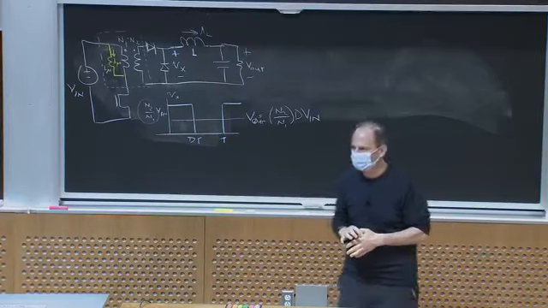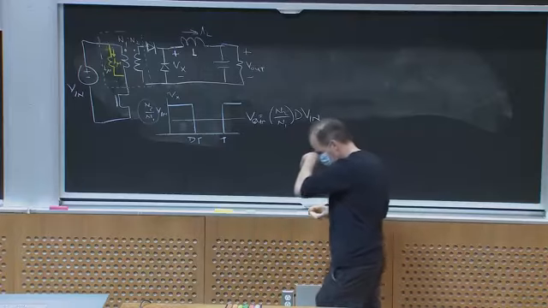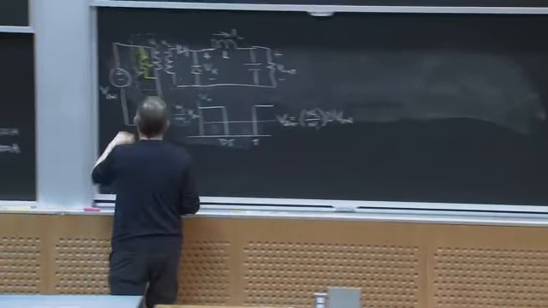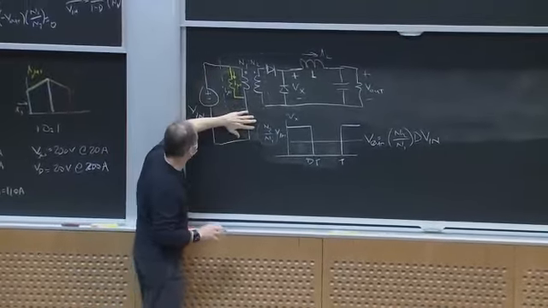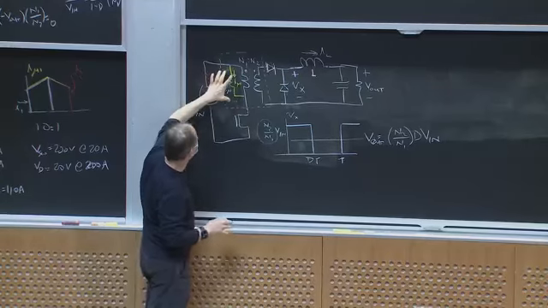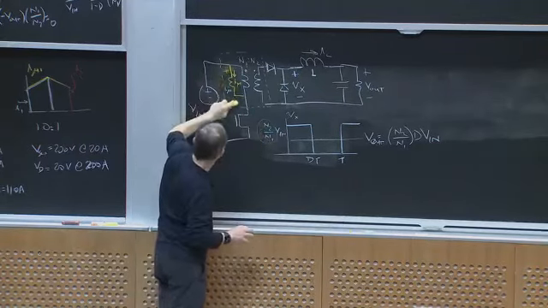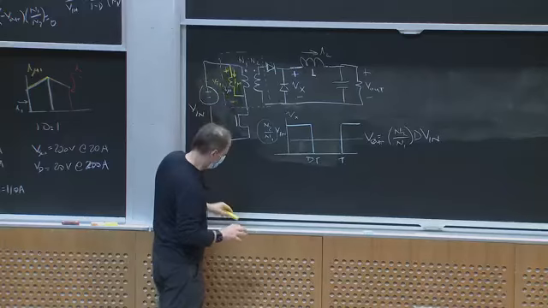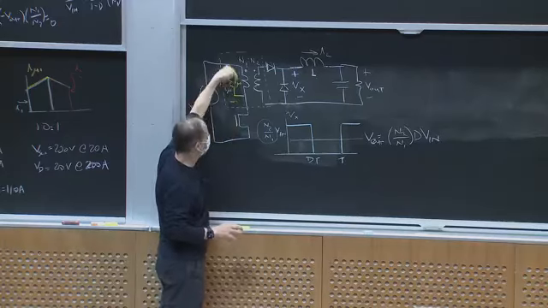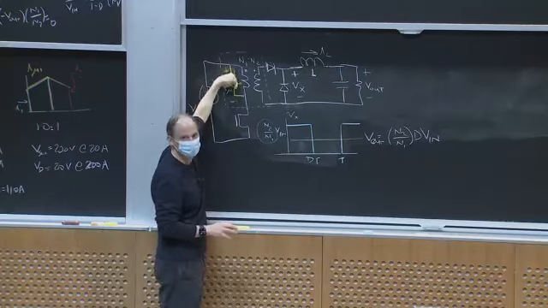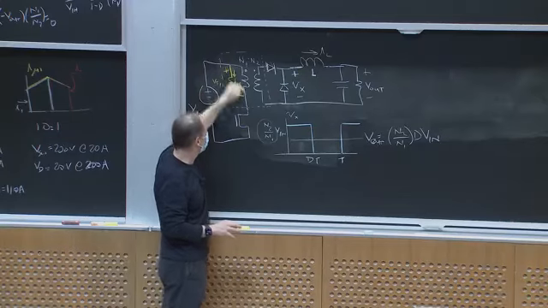And here's the catch. Suppose I turn on this switch. In the first part of the cycle, I'm applying a positive voltage VT1 here, which is appearing here, VT1. That means the current in the magnetizing inductance is ramping up, right? Well, what happens in the second part of the cycle?